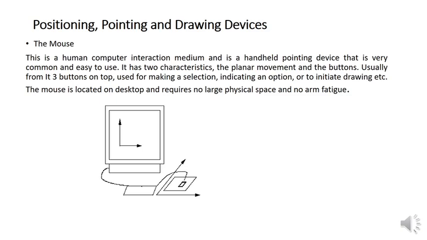It has two characteristics, the planar movement and the buttons. Usually it has three buttons on top, used for marking a selection or indicating an option. We all know what a mouse is used for and how it is being used.